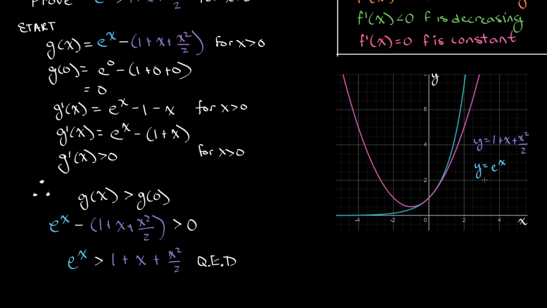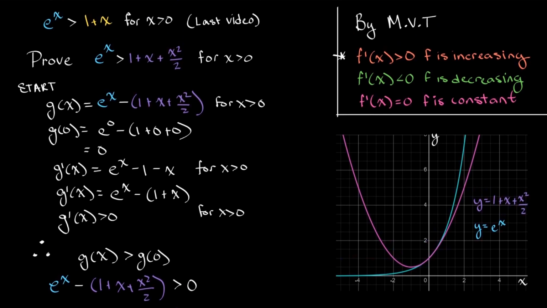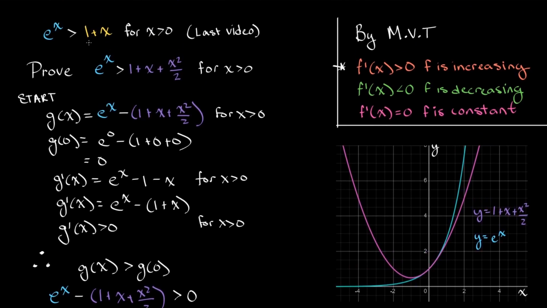You could approximate this function here, e to the x, for x values near 0 using this quadratic approximation. And in the previous video, just since we're talking about it, we were comparing it with the linear approximation for e to the x. And I won't spoil it. In a few units, you'll learn a thing about Taylor series, and you'll get some more information on how e to the x compares with its approximations.